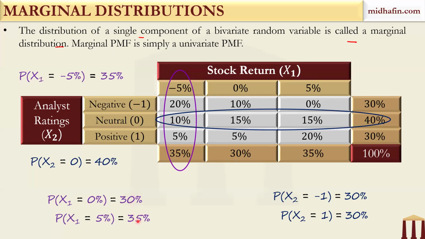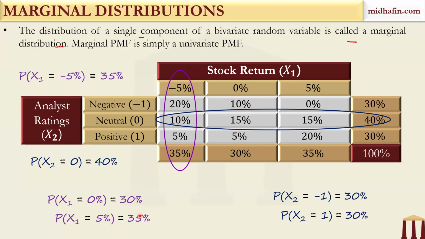Only three outcomes are possible, correct? We will not say combined marginal PMF; we will say it represents the probability of the sample space. Only three outcomes are possible for the stock return, agreed?